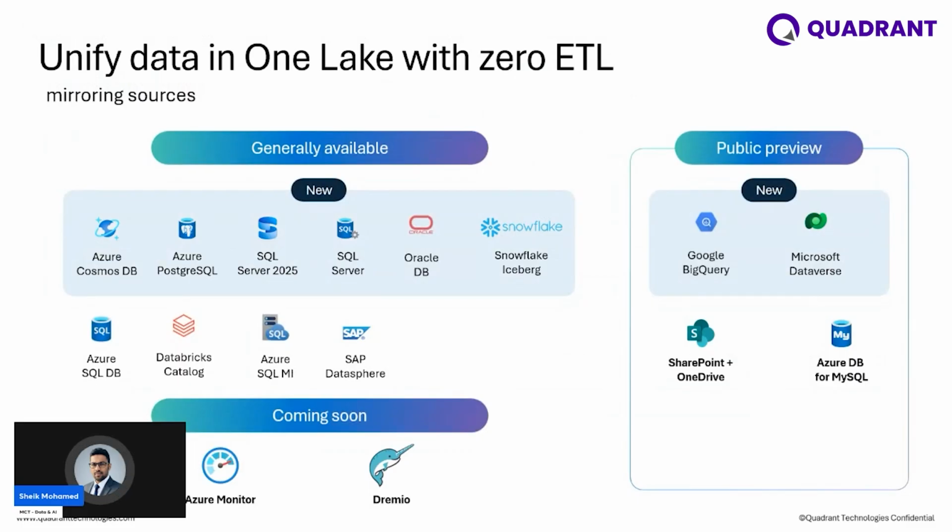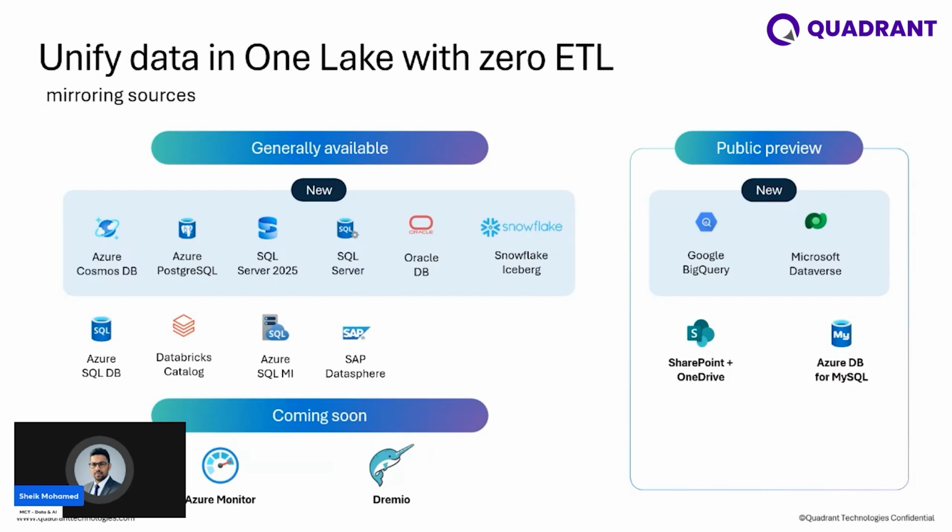On the mirroring side, the support is now extended to multiple sources, as you can see here. The ones that are generally available are Azure Cosmos DB, PostgreSQL, SQL Server 2025, Oracle DB, Snowflake, Iceberg, a lot of support, even SAP Datasphere and Azure SQL MI, and we have a few coming soon that you can see there, Dremio and the other one.